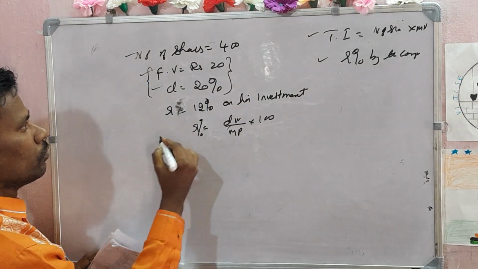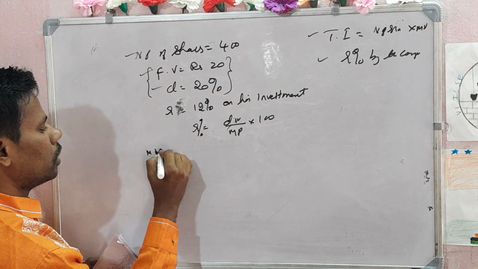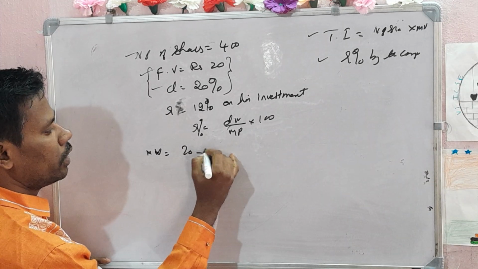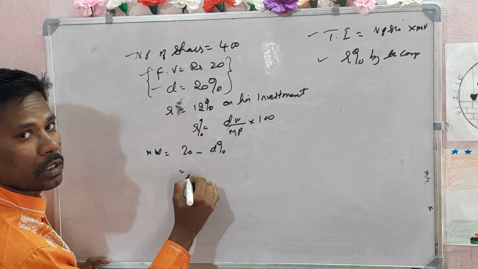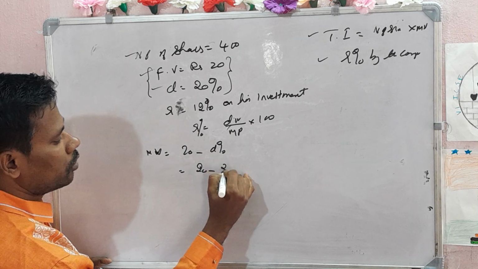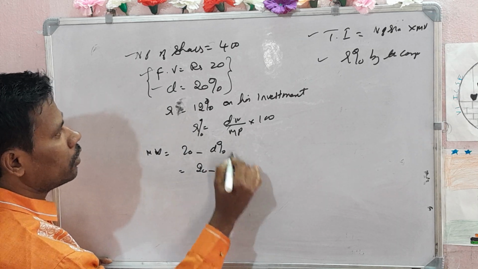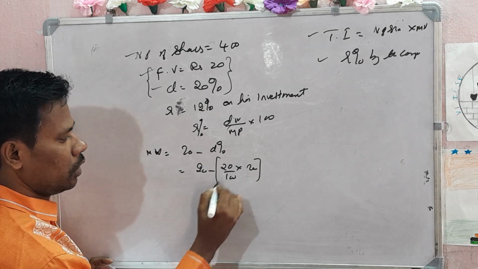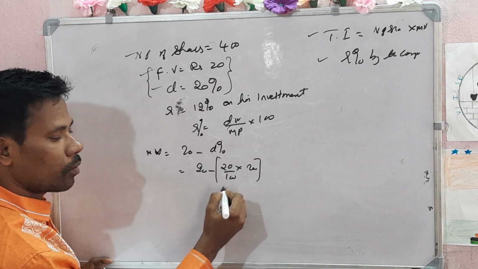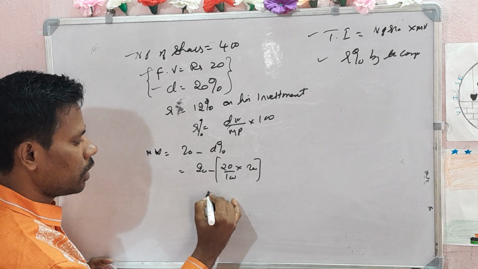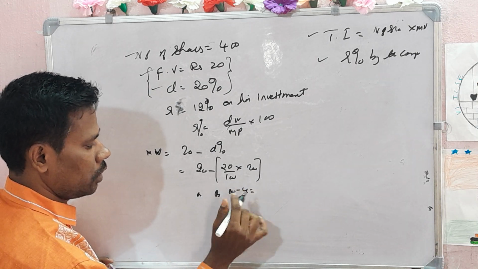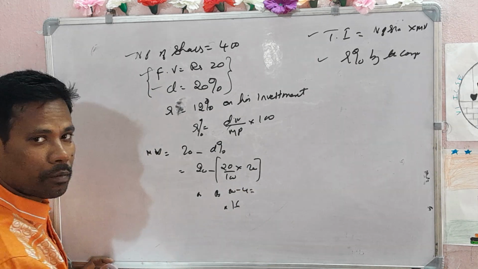Market value is 20 minus discount, 20 minus 20 by 100 into 20, which is 20 minus 4, that is 16. So the market price is 16.